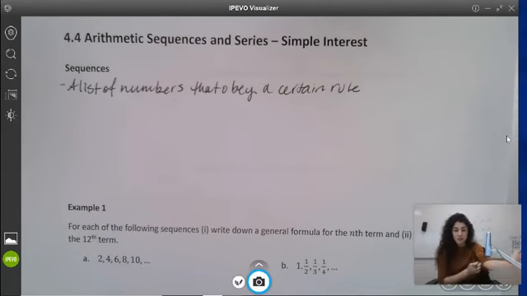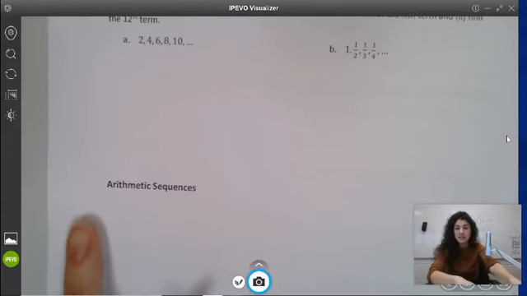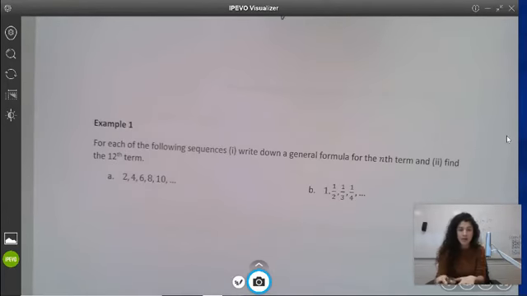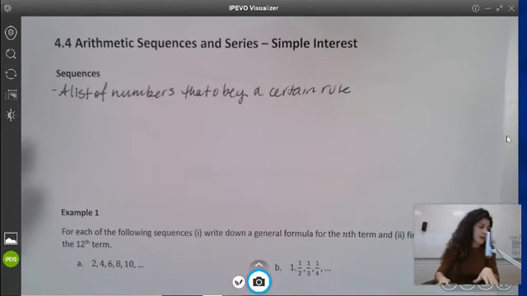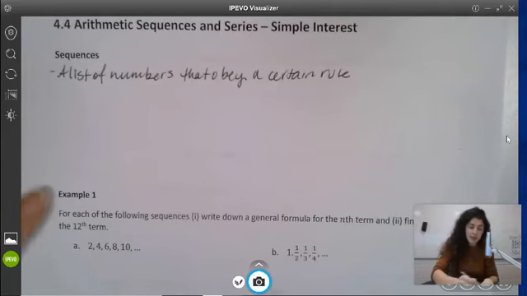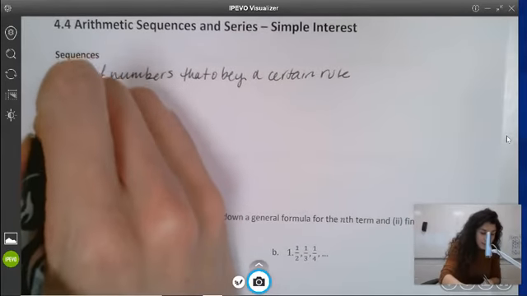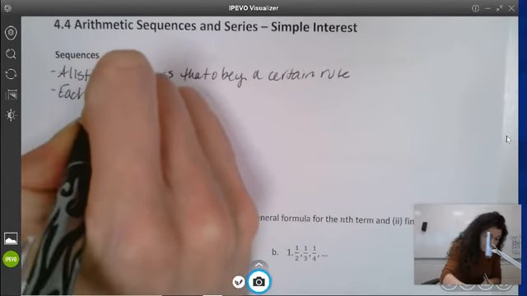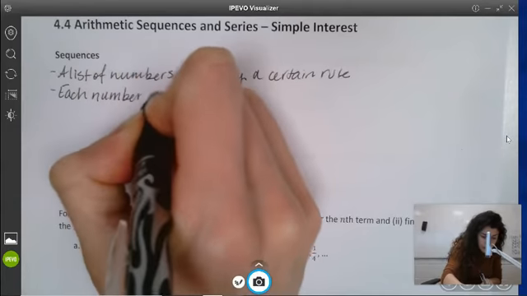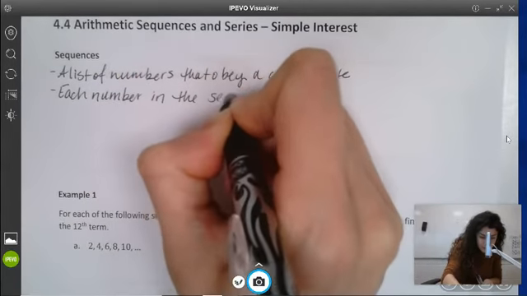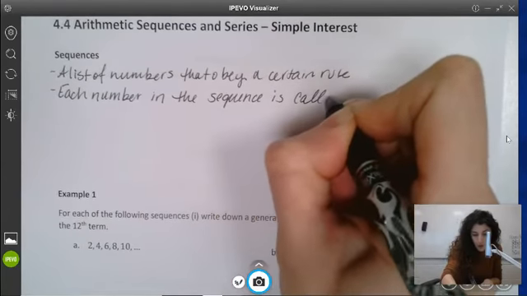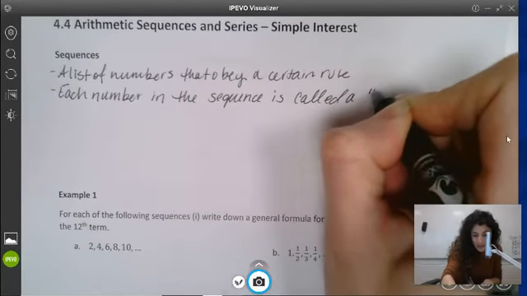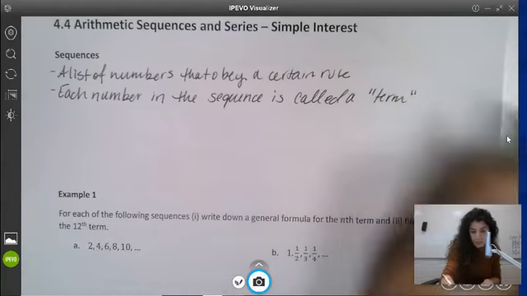So there's lots of rules that we can follow, and so there's something called arithmetic sequences that follow a certain type of rule, but in general, sequences are just a list of numbers that obey a certain rule of some kind. Some basic vocabulary. Each number in the sequence is called a term.